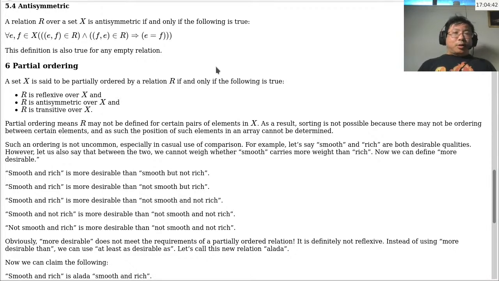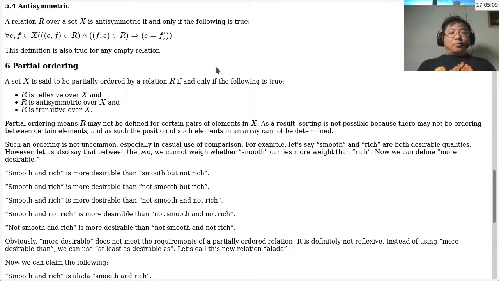So now we have a problem because there's no actual comparison. There's no way to compare someone who's rich but not smooth versus someone who's smooth but not rich. So we can no longer sort the items in the array because this particular comparison operator is not totally ordered. It is only partially ordered. So that becomes a problem.